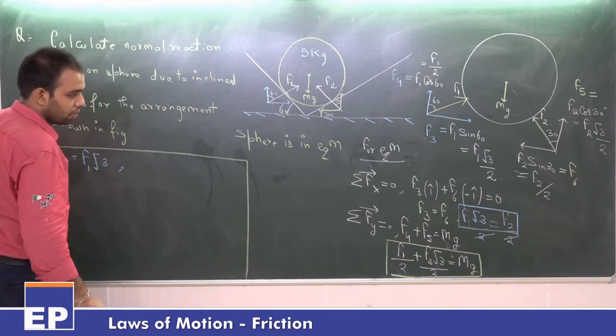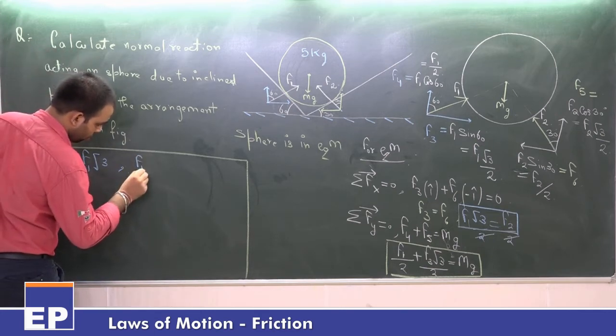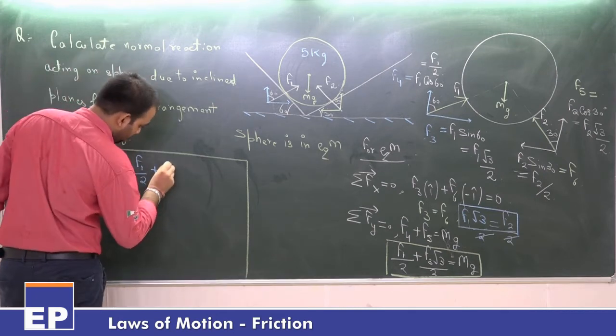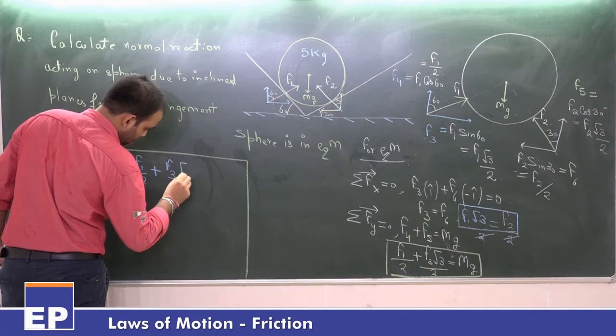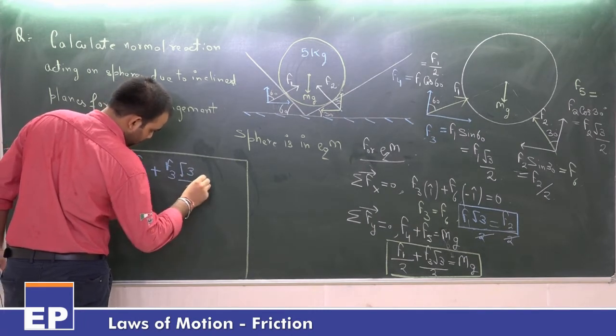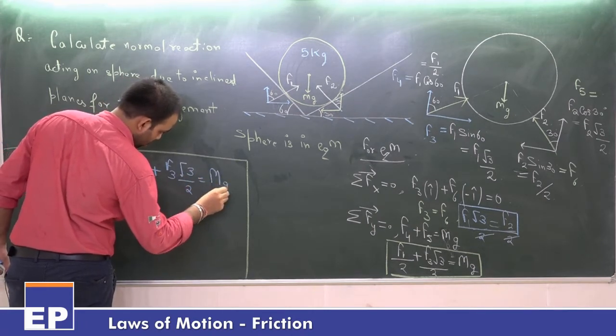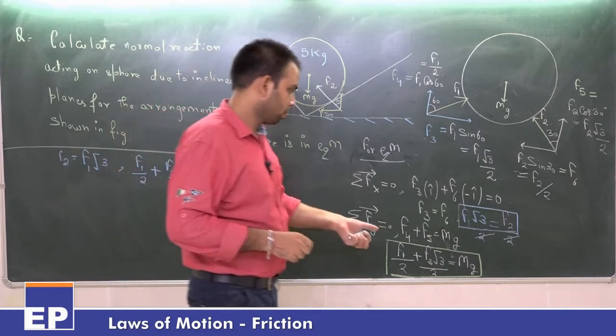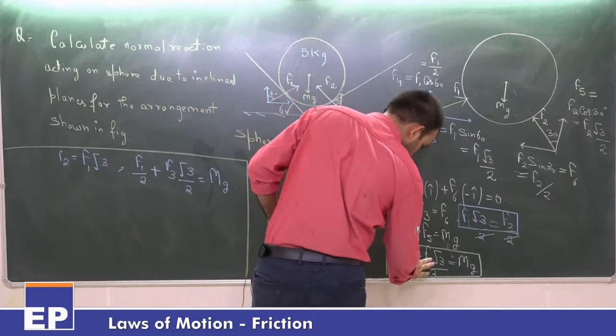Second equation is f1 by 2 plus f3 root 3 by 2 is equal to mg. Now, what is the value of f2? It is f2 root 3 by 2.